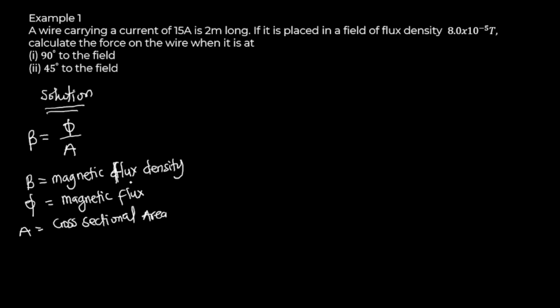This means that to calculate the magnetic flux density of a particular field, it is equal to the magnetic flux divided by the cross-sectional area perpendicular to that particular field.